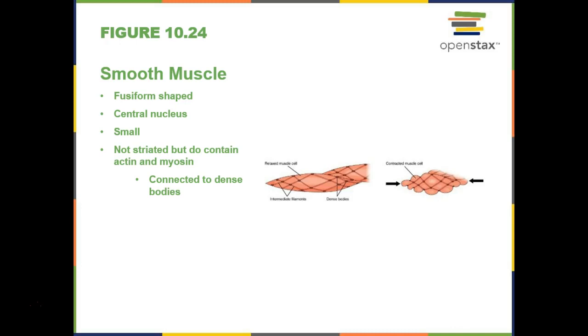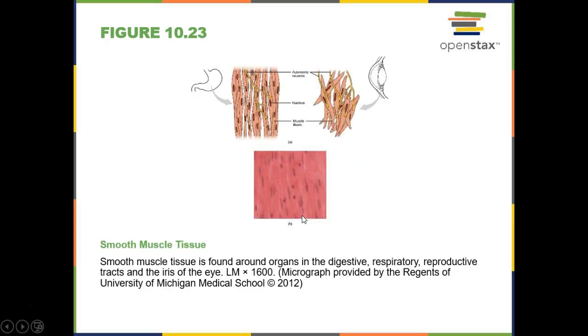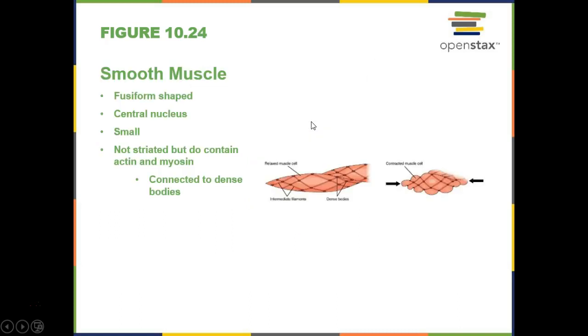They have a fusiform shape, kind of like a cat's eye, and the nucleus also has that same fusiform shape. I'm going to go back to this slide so you can see that fusiform shape with the nucleus as well. The nucleus is centrally located. They are always singly nucleated. They're very small, and they do not have striations.